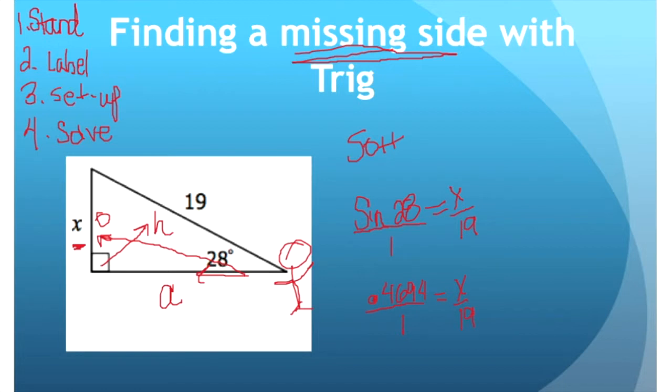I'm going to multiply X times 1, which is X, and I'm going to multiply 0.4694 times 19 in the calculator. Okay. So when I do that and I multiply by 19, follow with your calculator, I get X is equal to 8.9. So my missing side is what? 8.9.